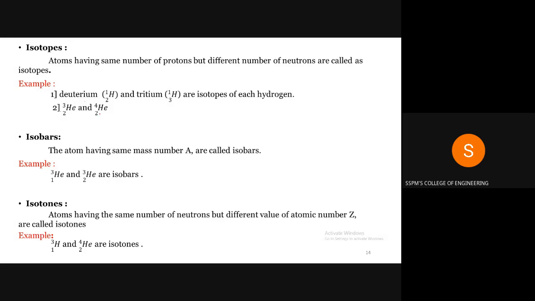But mass number is different due to the number of neutrons present in that nucleus. So 2He3 and 2He4 are isotopes. Next one, isobars. The atoms having same mass number A are called isobars.